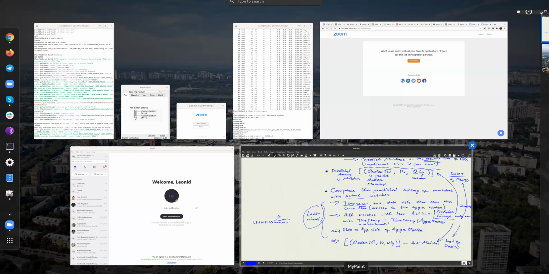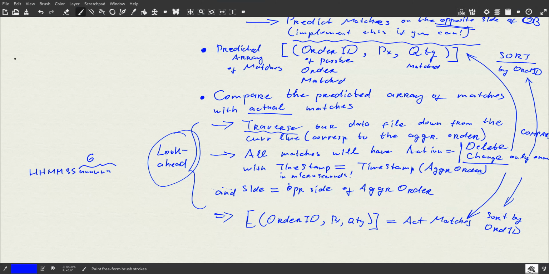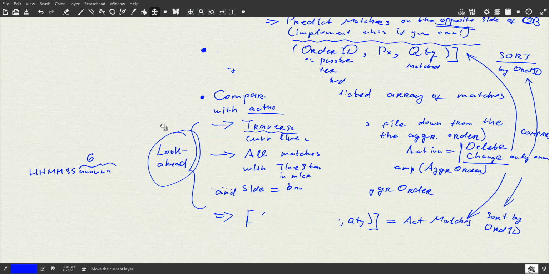Okay. Now let us see what the typical situations are, so what kind of different behaviors we can encounter from market participants.